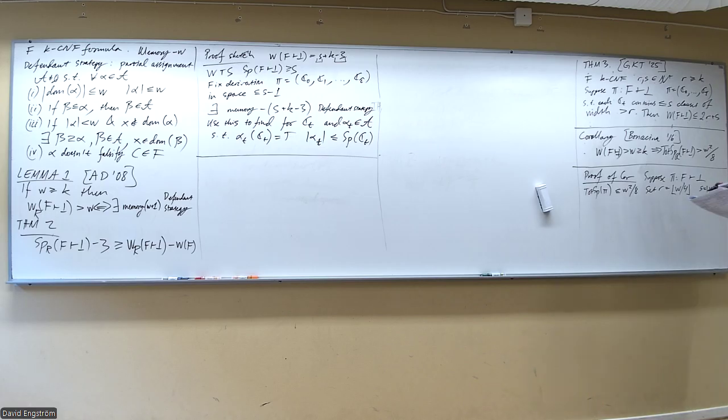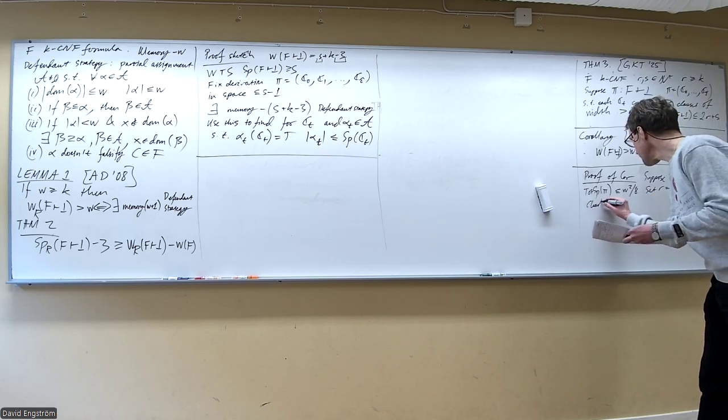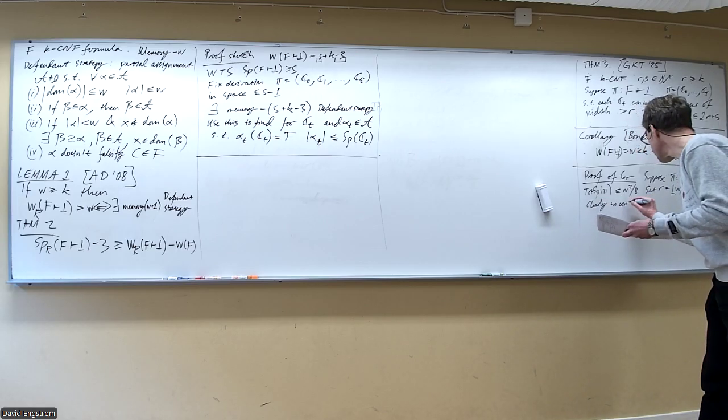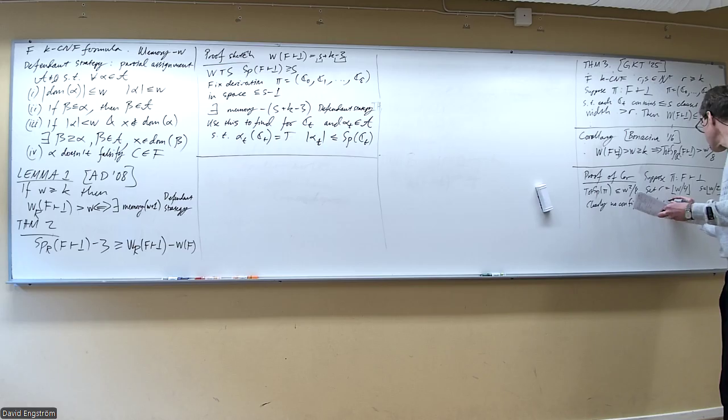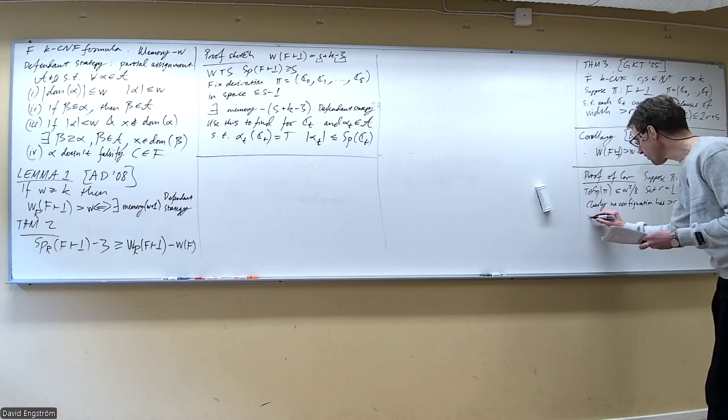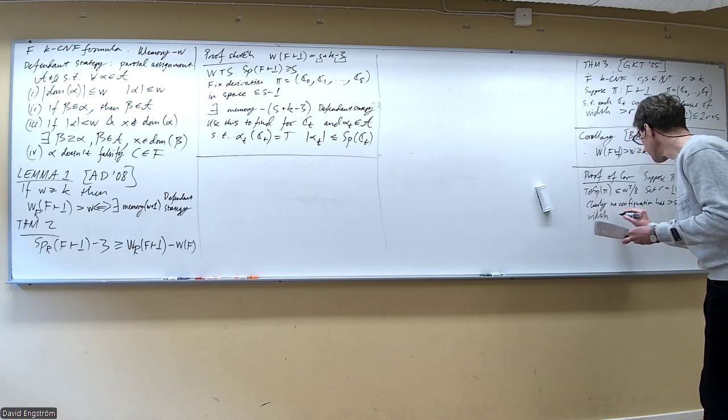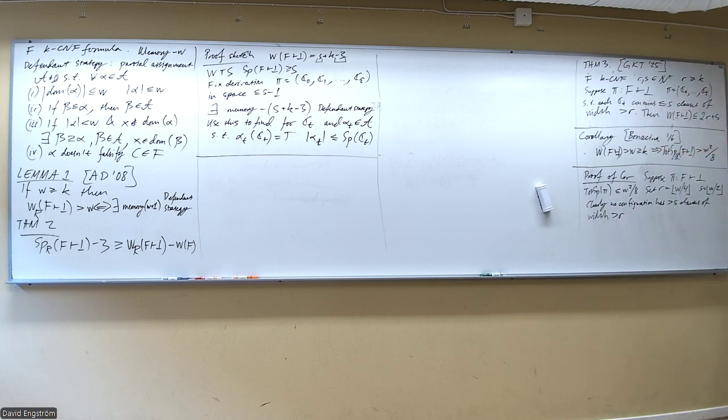Well, I claim that clearly no configuration has more than S clauses of width strictly more than R. Because if a configuration has more than S clauses of width more than R, then we're not staying within our total space upper bound.